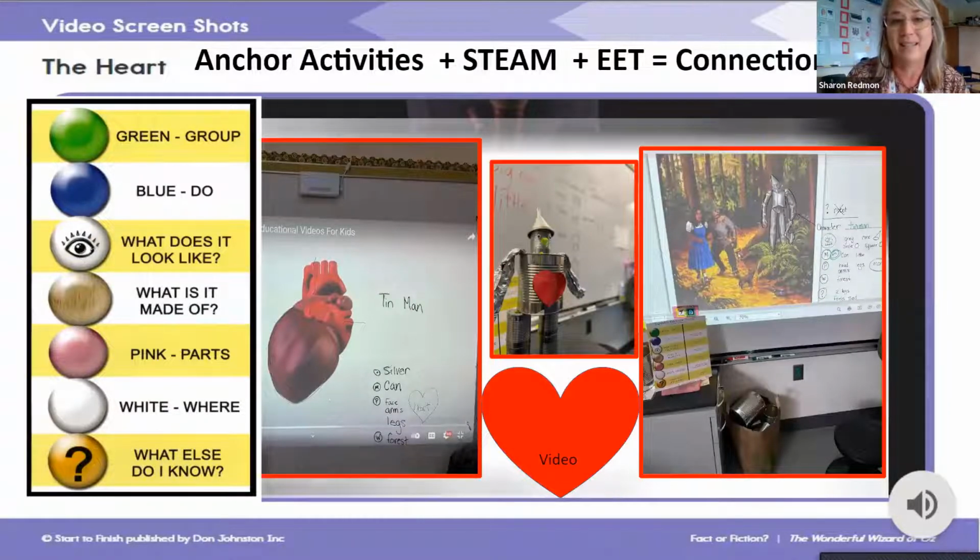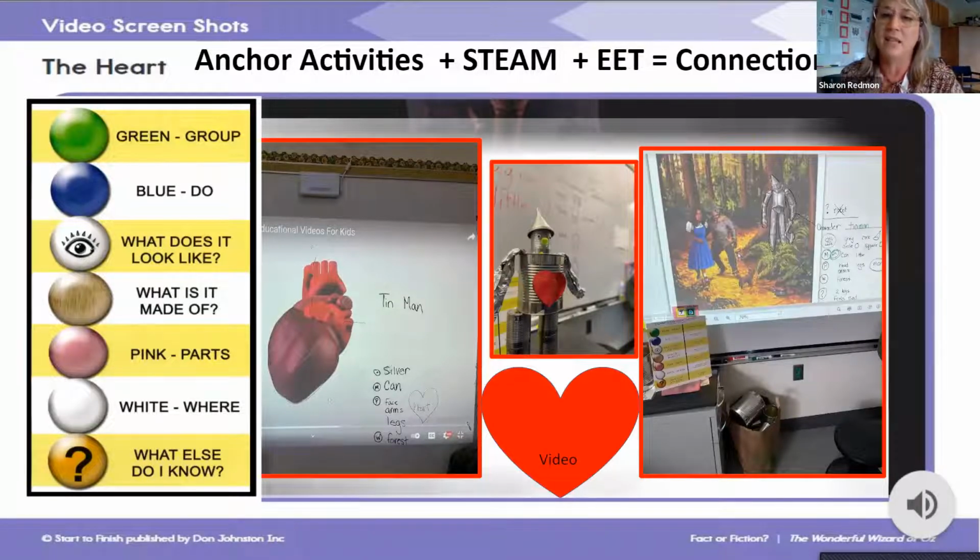So sometimes it doesn't even have to be just visual. It can be auditory, where we had the heartbeat going and kids could hear that and they'd be like, what is that? It's making a sound. How could I describe that? What does that sound like? Not just what does it look like? So being able to bring some of these in.